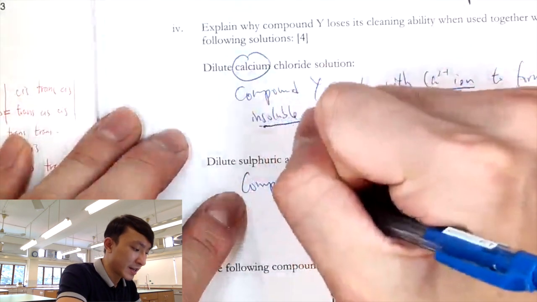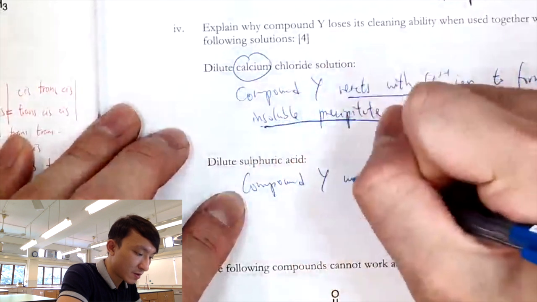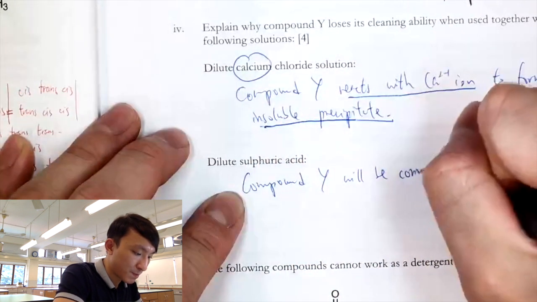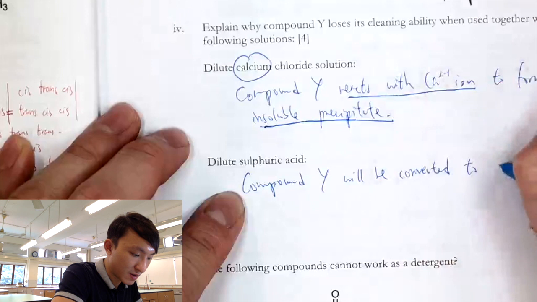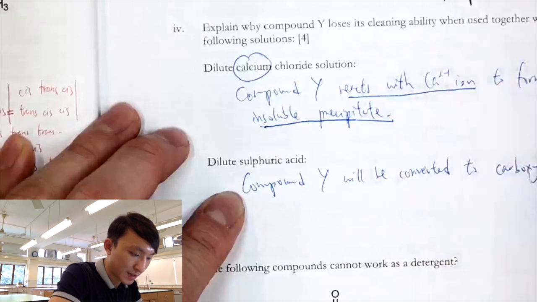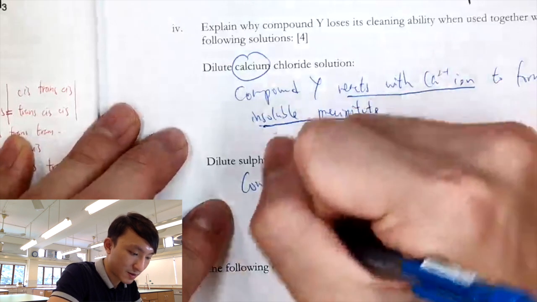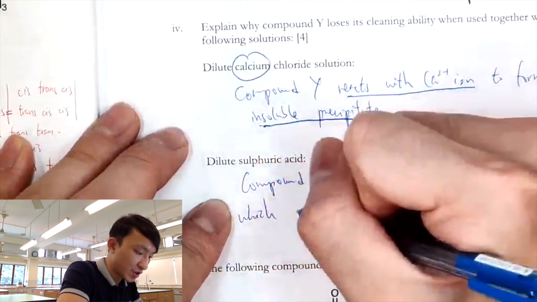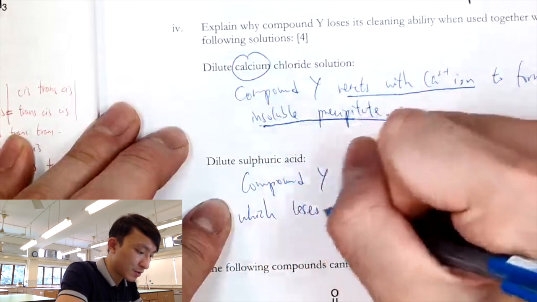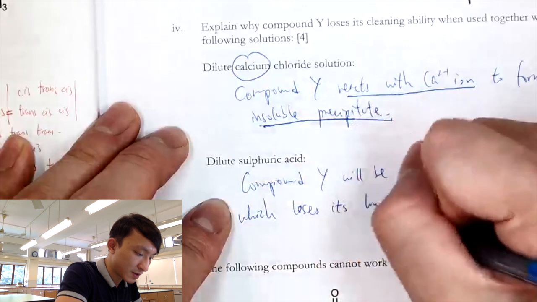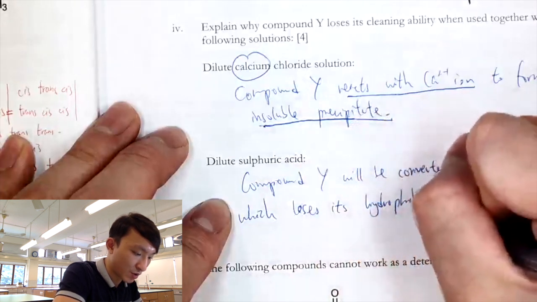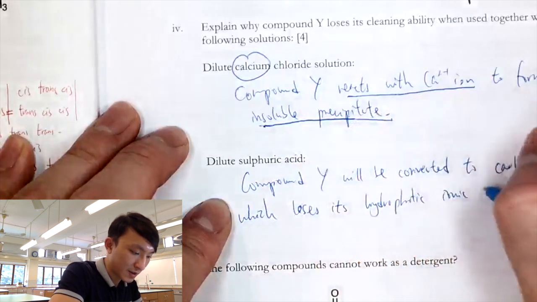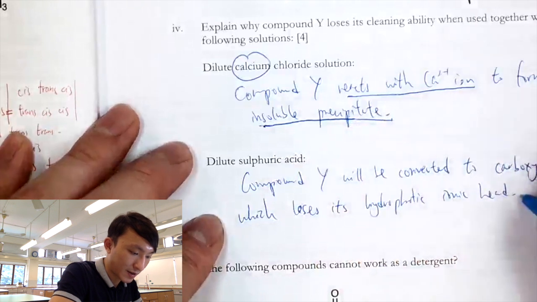Okay, so that's why you would say compound Y will be converted to carboxylic acid, which loses its hydrophilic ionic head.